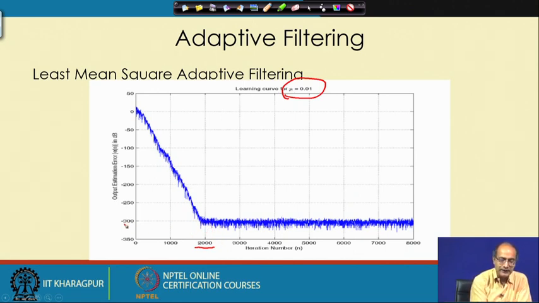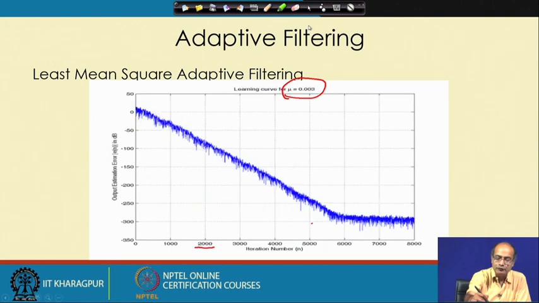After that we see that minus 300 dB has become the noise power, and there is a small amount of fluctuation, which is the weight vector noise, and the lag in getting to that position, the 2000 iterations, is the weight vector lag.